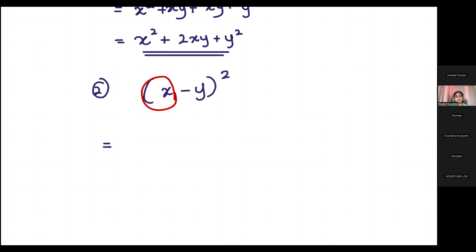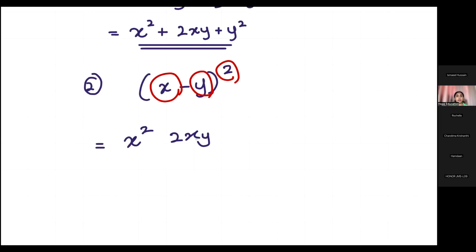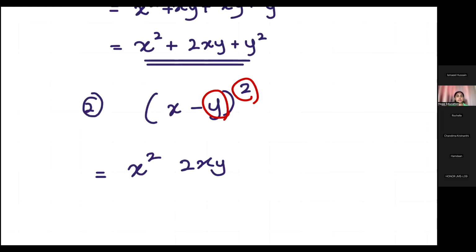So x times x means x squared. Then first term multiplied by the second term multiplied by 2. x times y times 2 means 2xy. Now let's look at the sign. This one's sign is plus. Plus times minus is minus. Minus times plus is minus. So here comes minus.